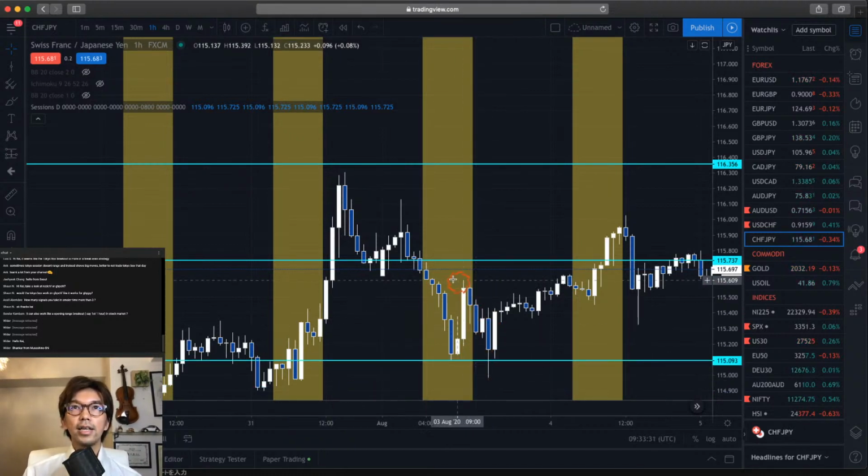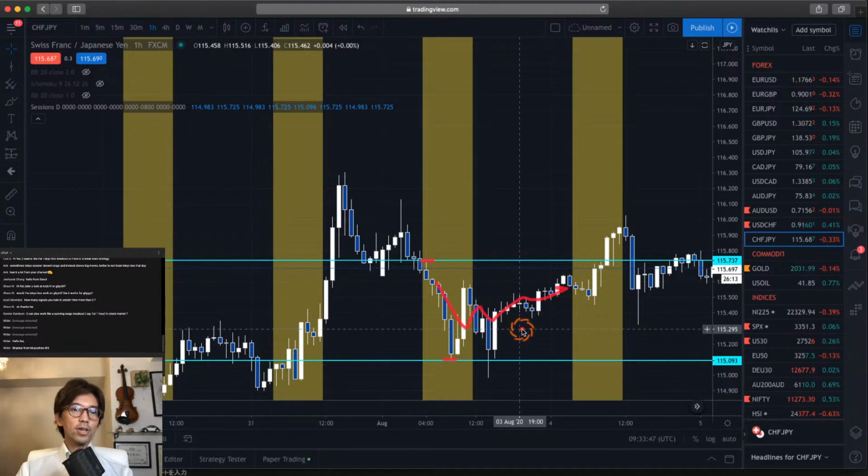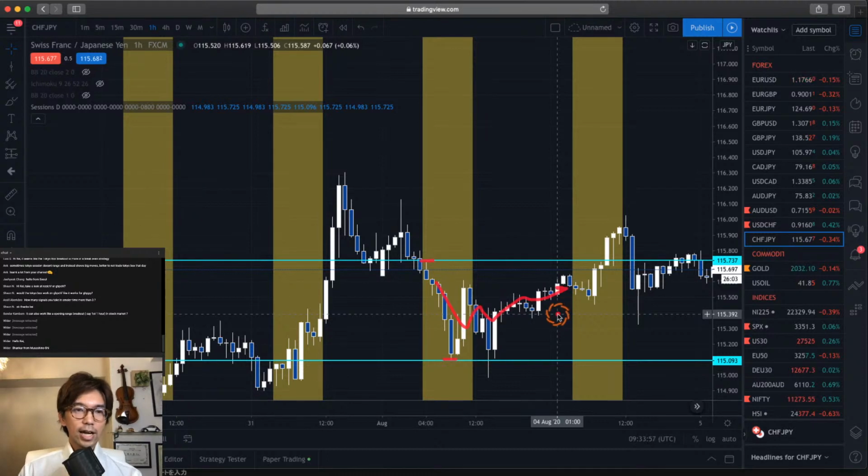And it didn't break the highest or lowest price on this day. It became a range afterwards. So based on this Tokyo box strategy, we cannot take trades on this day. And this is ranging anyways. So I think in a higher time frame, Kijun Sen should be flat anyways.